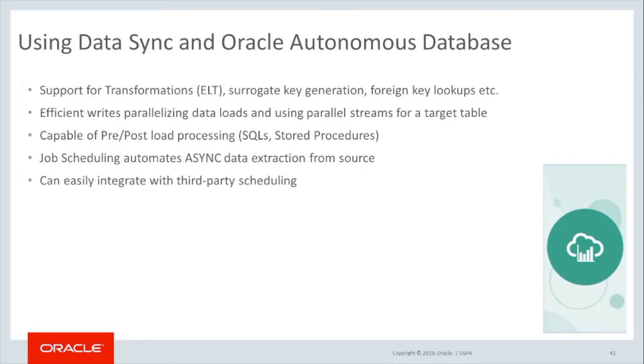DataSync supports transformations, ELT, surrogate key generation, foreign key lookups, etc. DataSync efficiently writes, parallelizing data loads and using parallel streams for a target table. DataSync is capable of pre-post load processing, SQL and stored procedures. DataSync job scheduling automates async data extraction from source, and DataSync can easily integrate with third-party scheduling systems.